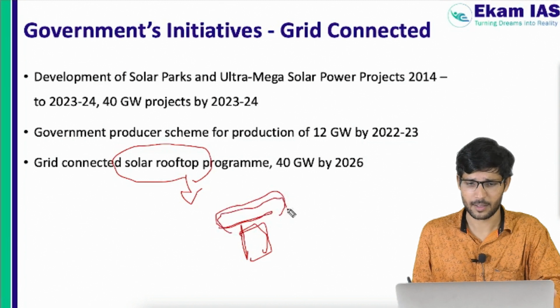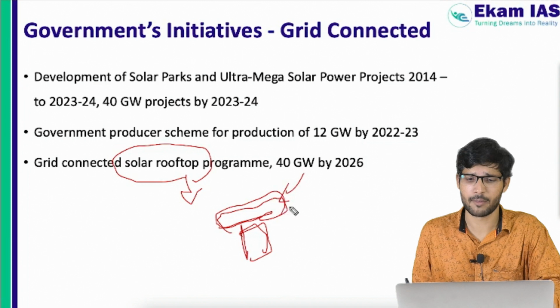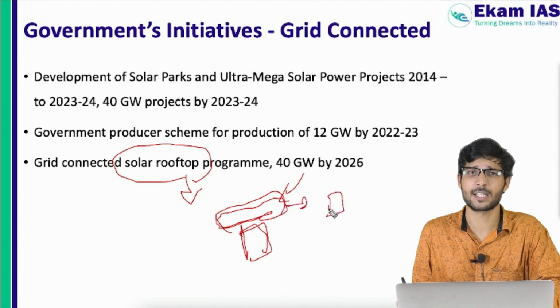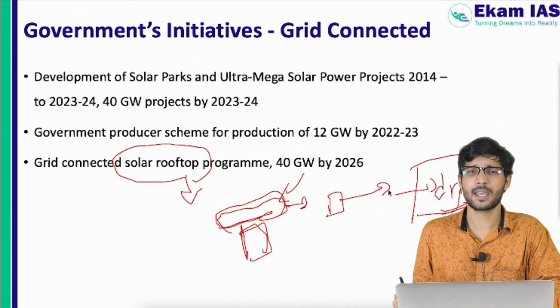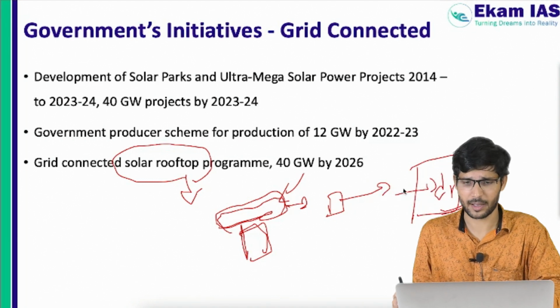This solar energy will be converted to electricity, and there will be a net meter, as we have already discussed, and excess energy will be exported to the central grid. So this is the structure. And under this scheme, 40 gigawatt is the production target by 2026.